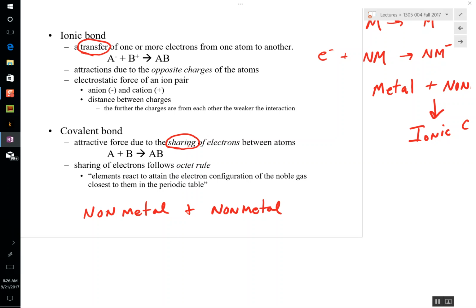Let's take carbon and oxygen. Carbon is a nonmetal. It's in the nonmetal category, and so is oxygen. And what do you get? You get carbon dioxide. Carbon dioxide is a covalently bound compound. The carbon and the oxygen are not ions, they are sharing electrons.